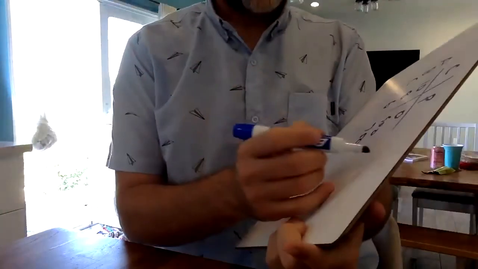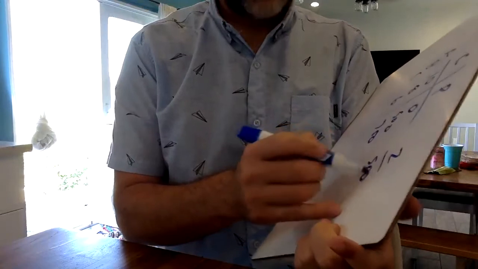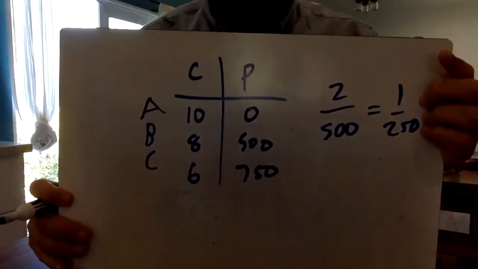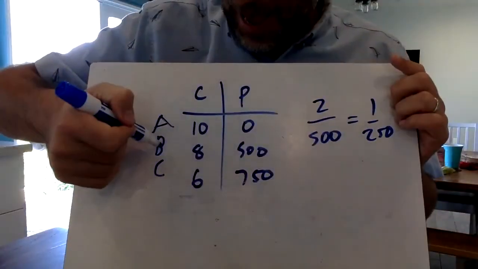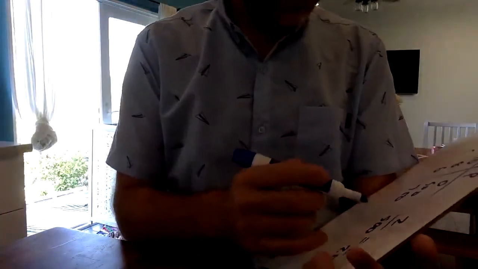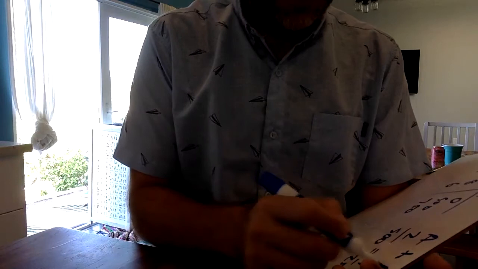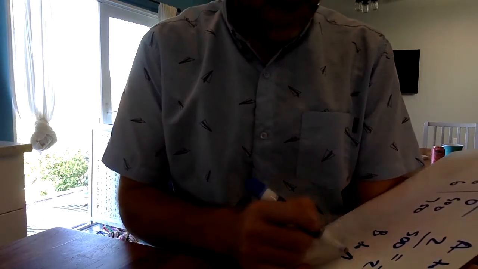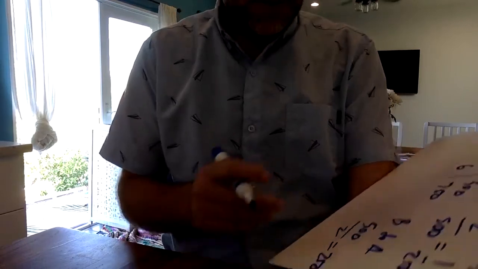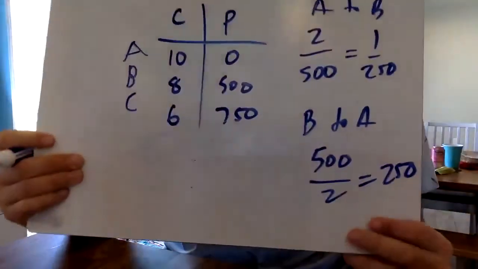So my per unit opportunity cost is going to be 2 divided by 500, which is 1/250. To go from B to A, right? I'm losing 500 to get 2. So this is A to B, B to A. I'm giving up 500 to get 2. That's an opportunity cost per unit of 250.